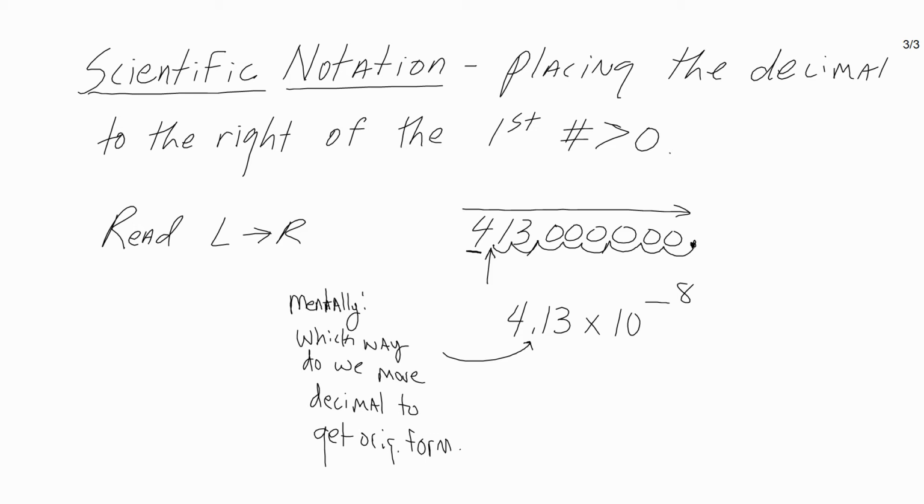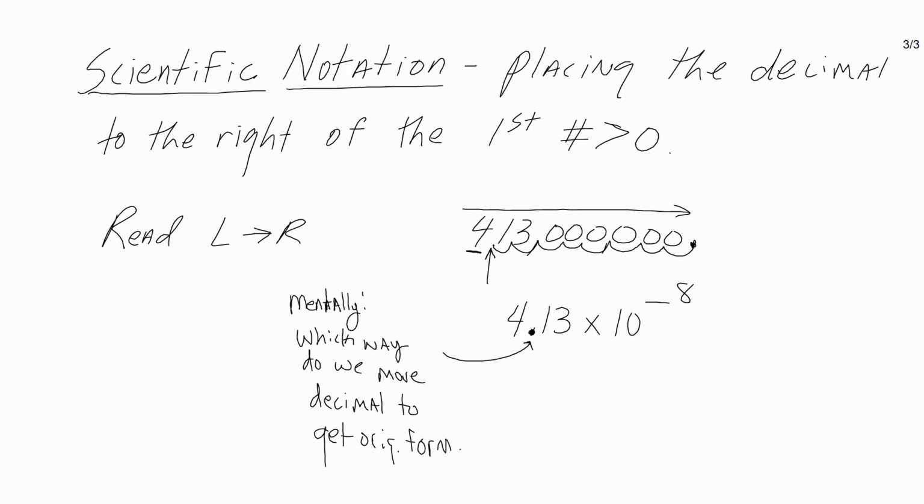Original form is what we started with. So, mentally ask yourself, which way do we move this decimal to get it back to the way it was? In your head, which way do you move it?